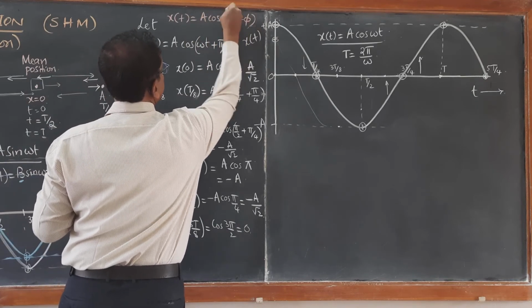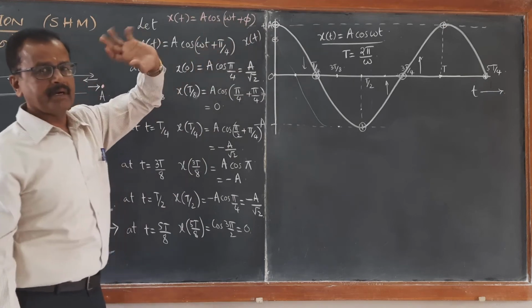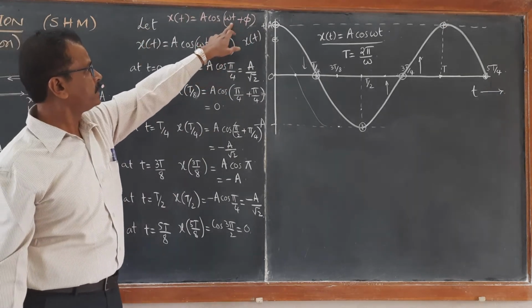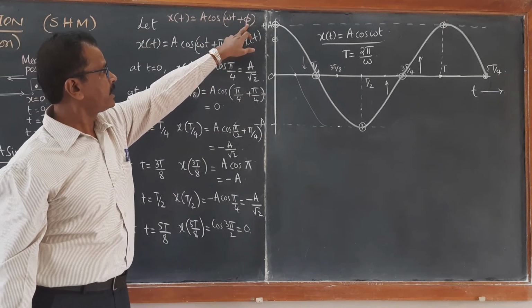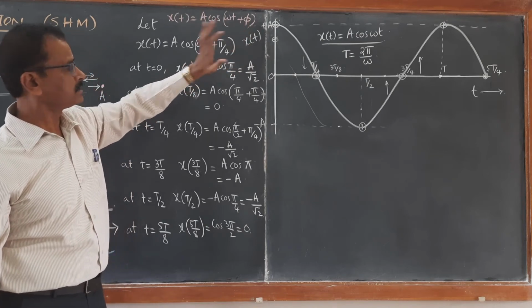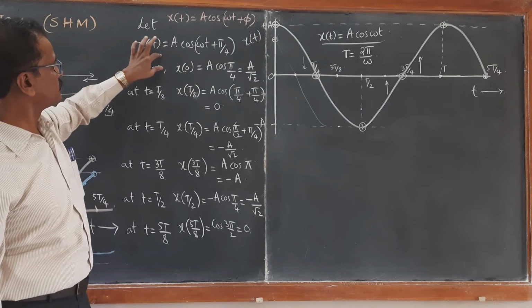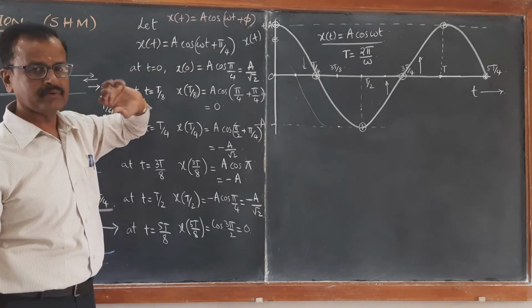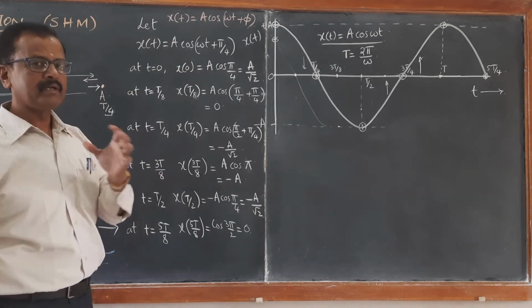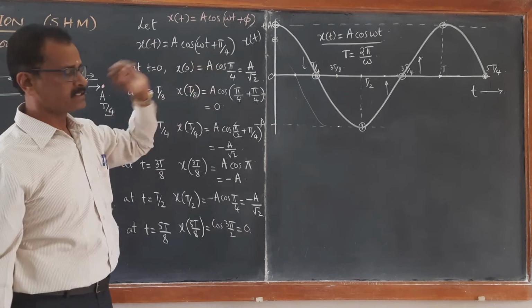Let us take this phi angle to be pi by 4, at time t equal to 0. That is 45 degrees. So this equation becomes x(t) equal to A cos(omega t plus pi by 4). Let us draw the graph of this. Then you will understand the meaning of phase.